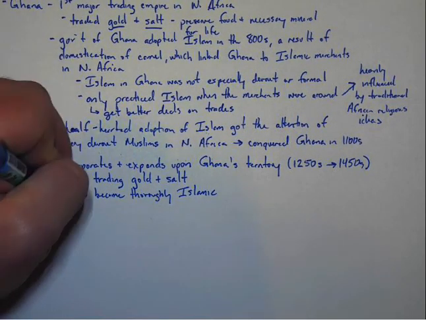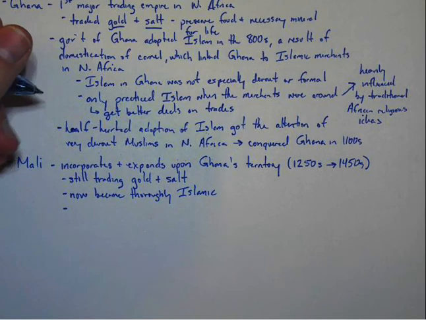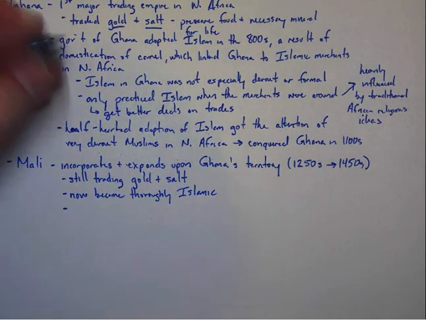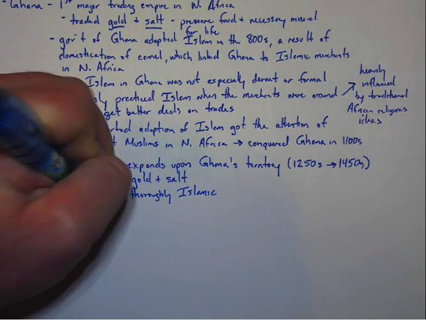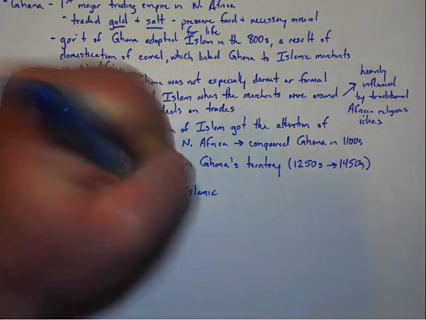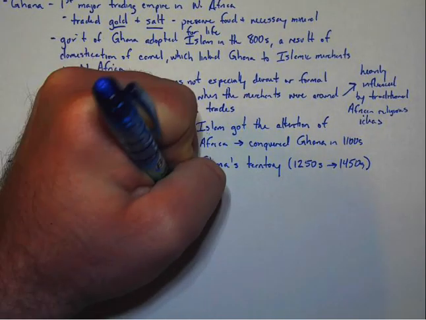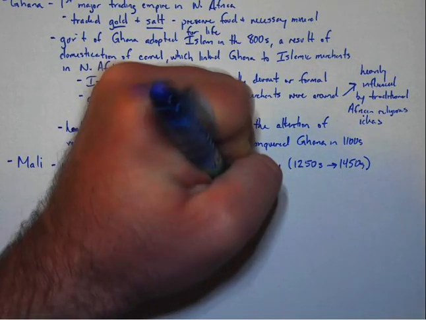Now, the one thing that you really need to know about Mali is one of their kings. One of their kings was probably the richest person to have ever lived.